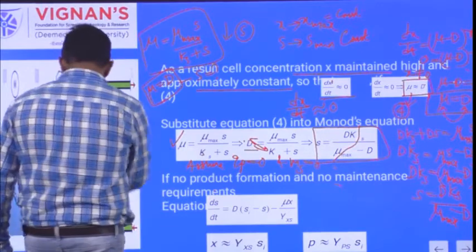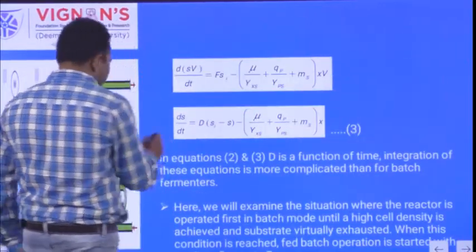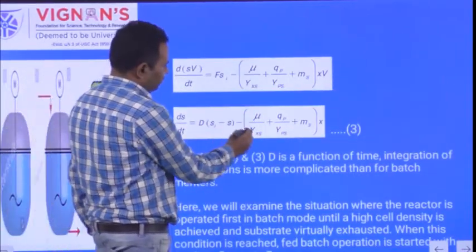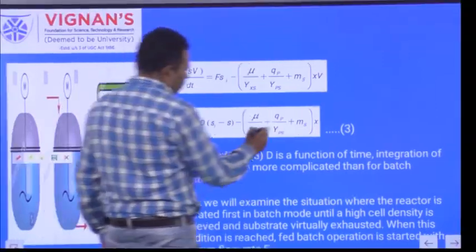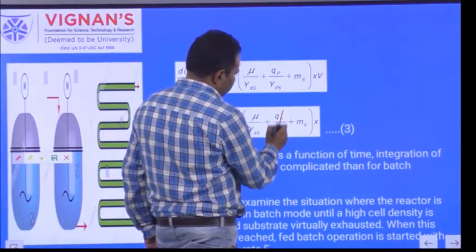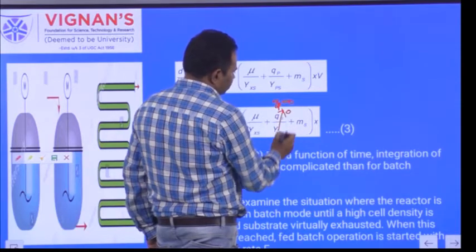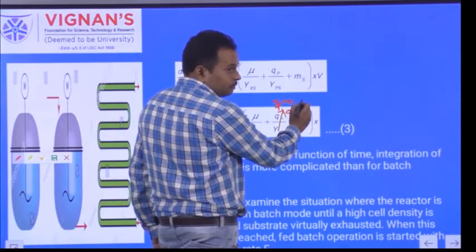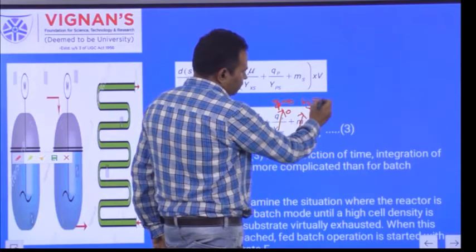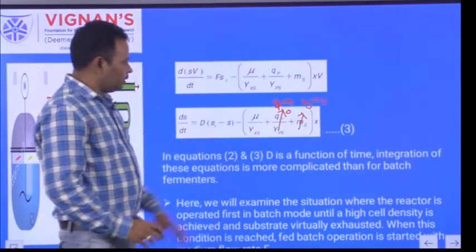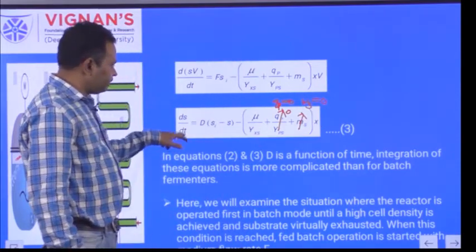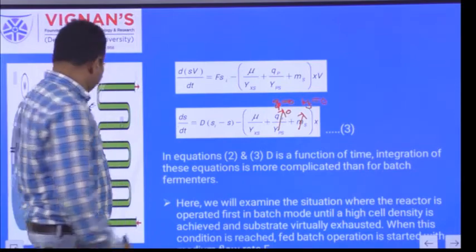Again, this equation is what? Previous equation, this equation dS by dt: here make Qp 0, assume there is no product formation, when Qp is 0 this entire term is 0, and also make Ms 0. When you make these two terms 0, and again take from equation 3, solve for dS by dt.